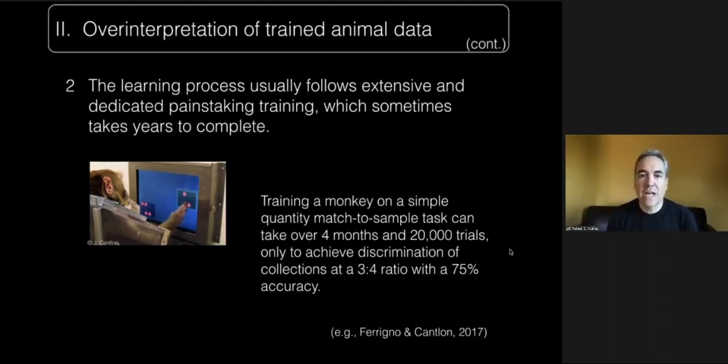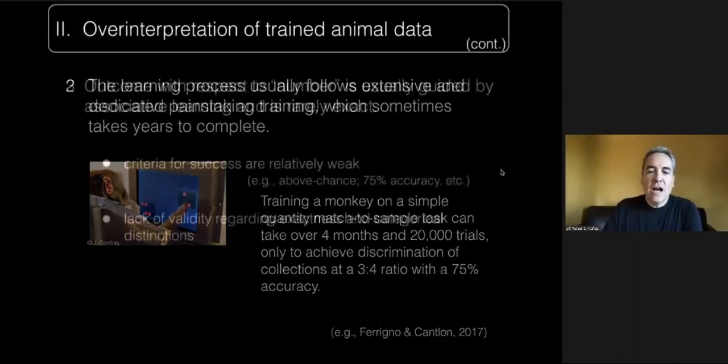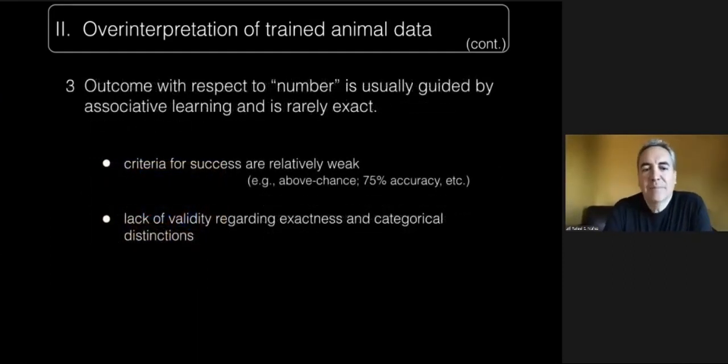The question is, how do we get to those? You can't really do, for example, arithmetic with these proportions and after these kinds of trainings, and when you get into these trainings, we're really touching a different kind of phenomenon. The outcome with respect to number usually is guided by associative learning in these kinds of training, and is rarely exact, as I was showing with this quote.